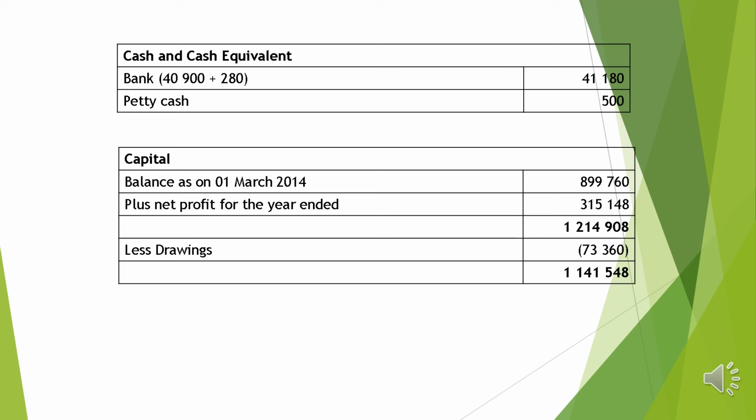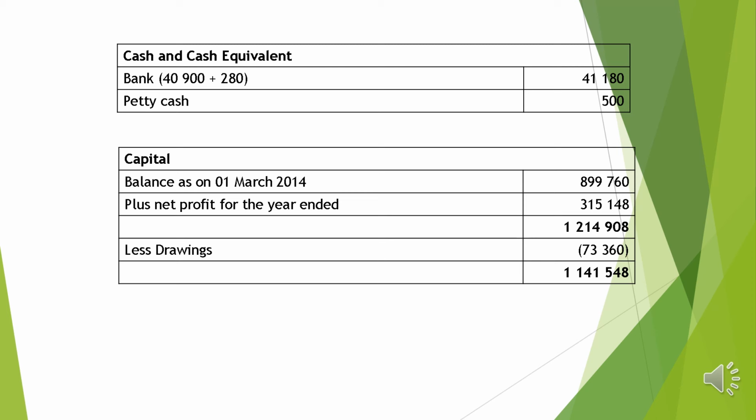But unfortunately, we have no entry to make other than to take this amount as it is and record it to this note to the financial statement. Then you add these two, and you get a total of 41,680. That will be your cash and cash equivalents current assets.